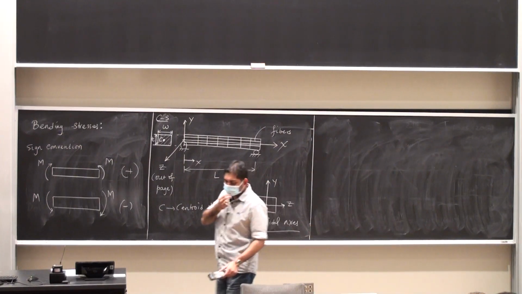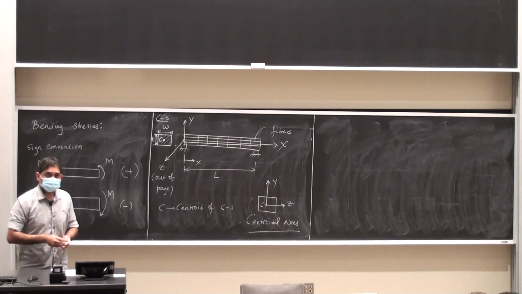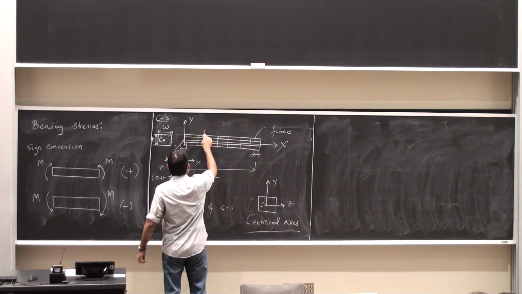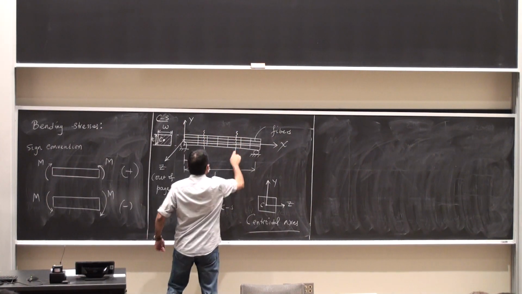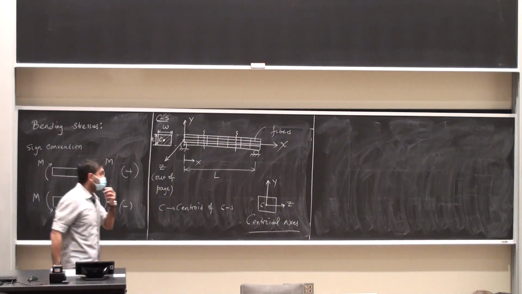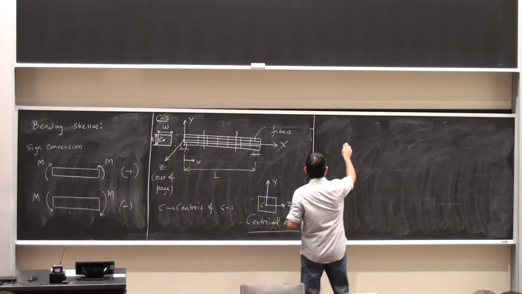Okay, so what I'm going to do is I'm going to cut this beam at two locations and then apply some kind of a load on it. I'm going to take the piece, look at it before deformation and after deformation. Okay, so here is before deformation.